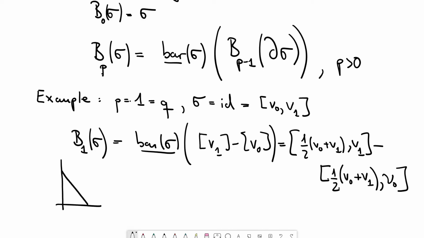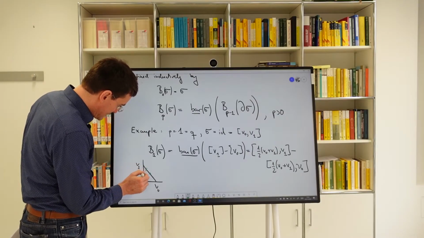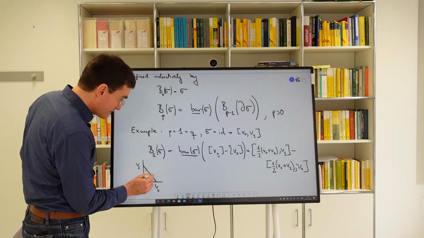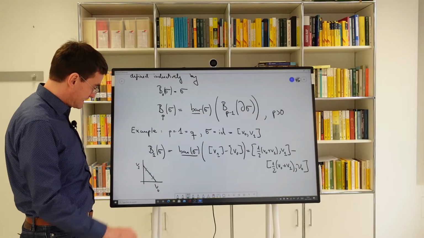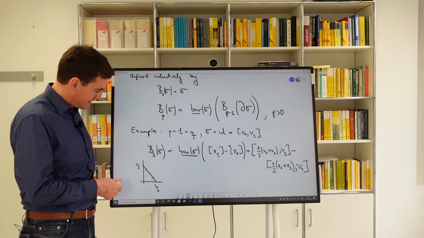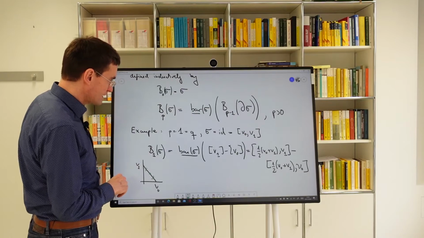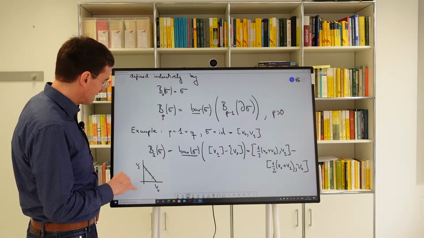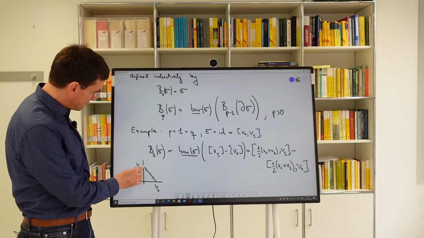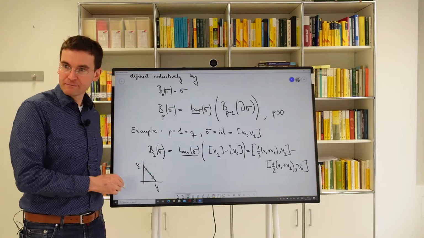All right, so the simplex in that case, sigma, is that simplex. This is V1, this is V0, and then we have this midpoint here. And what we see here for B_1 of sigma is this simplex, this half, and the other half is that. The arrow indicates this as a singular simplex.